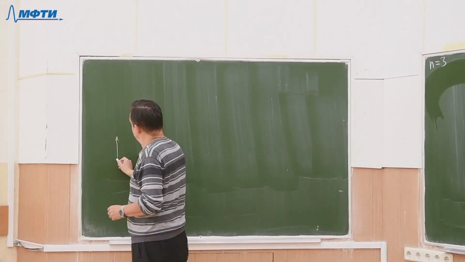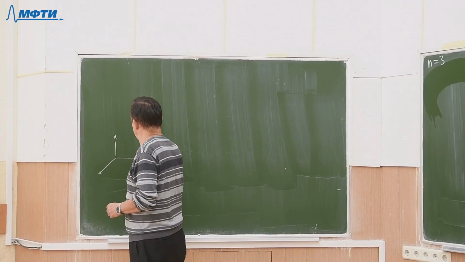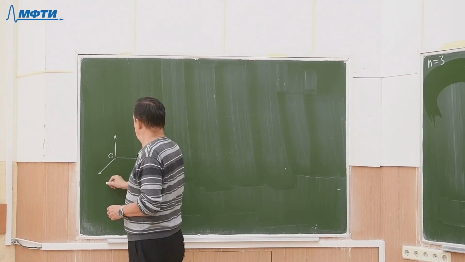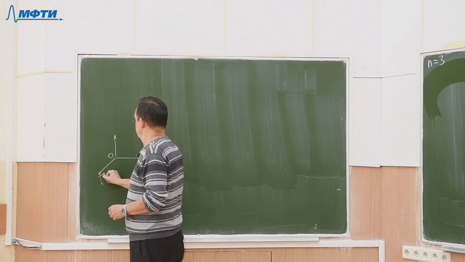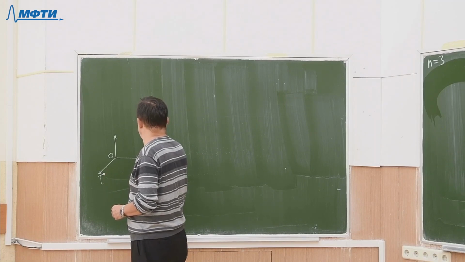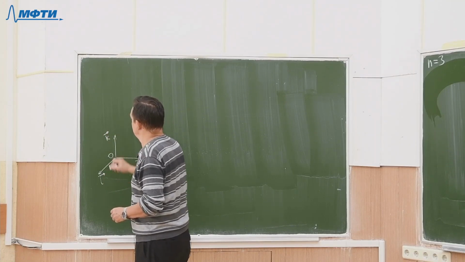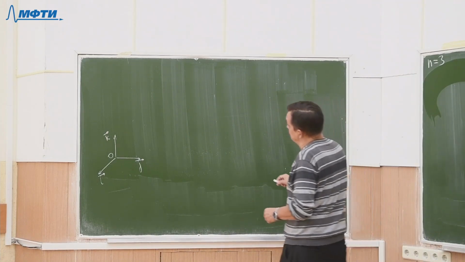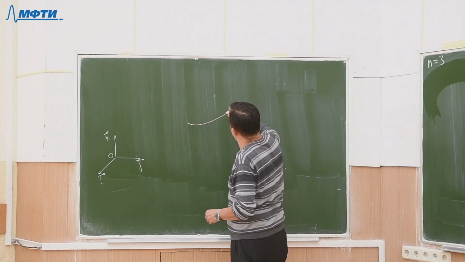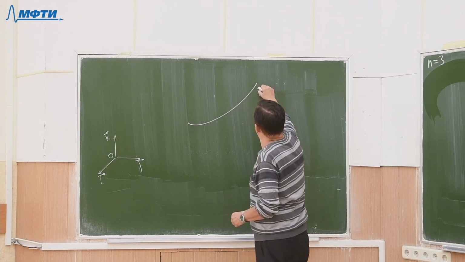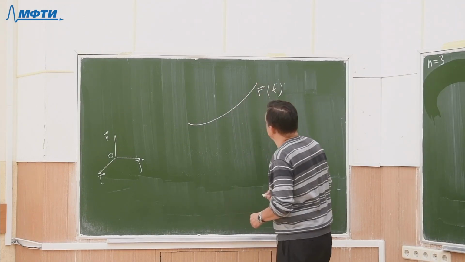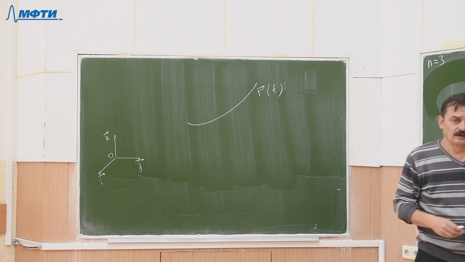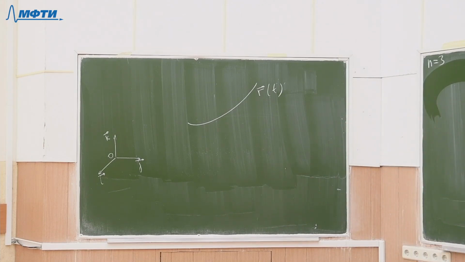We have somewhere the origin, and we have a coordinate frame, and we have a curve r of t. We can think about this curve as a trajectory of a movement of a particle, right?